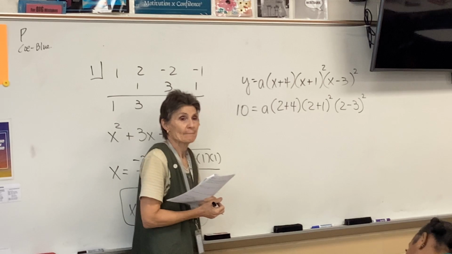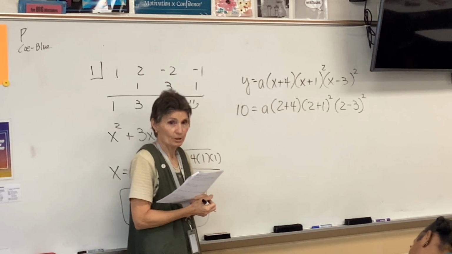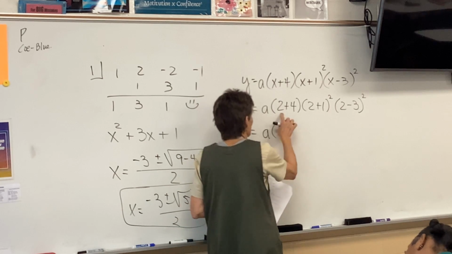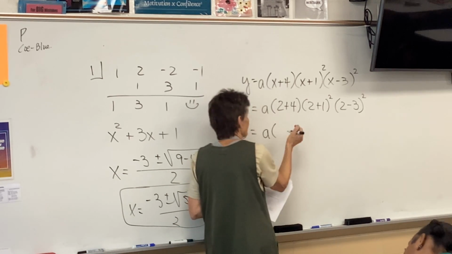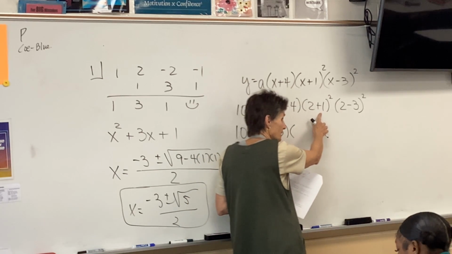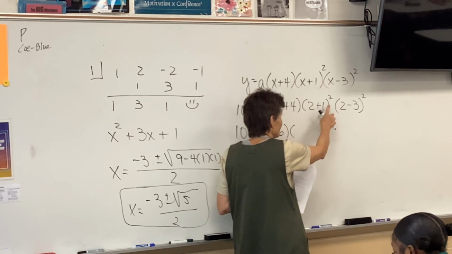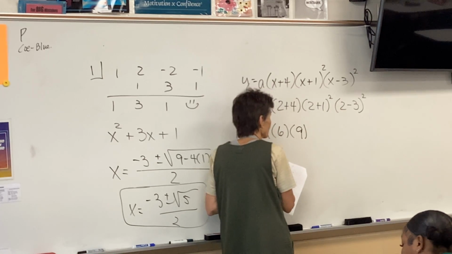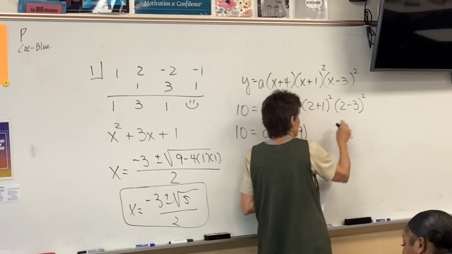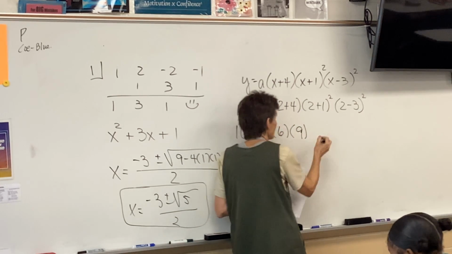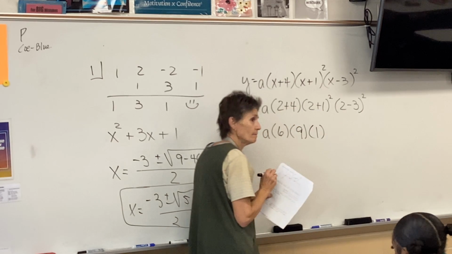Is that good? Here we go. 2 plus 4, 6. 2 plus 1 is 3, but that one's squared, so it's 9. 2 minus 3 is -1, but it's squared, so it is 1.